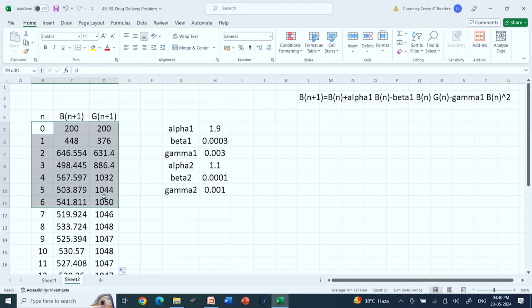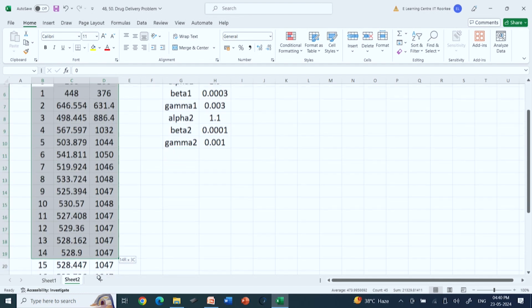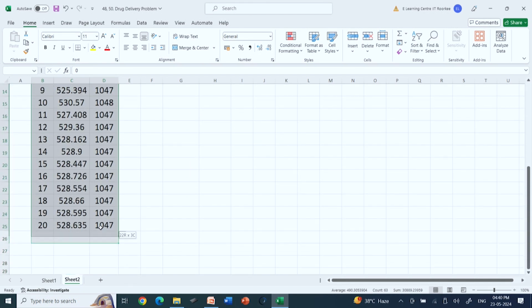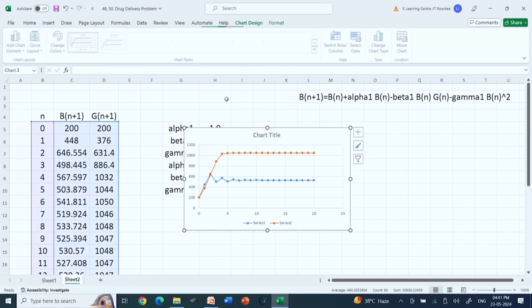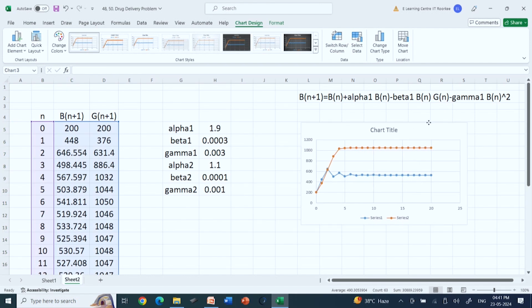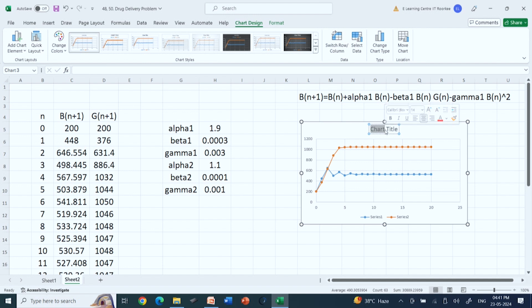If I want to solve them, go to insert, go to the chart and draw this. What you get here is the two species competition model.